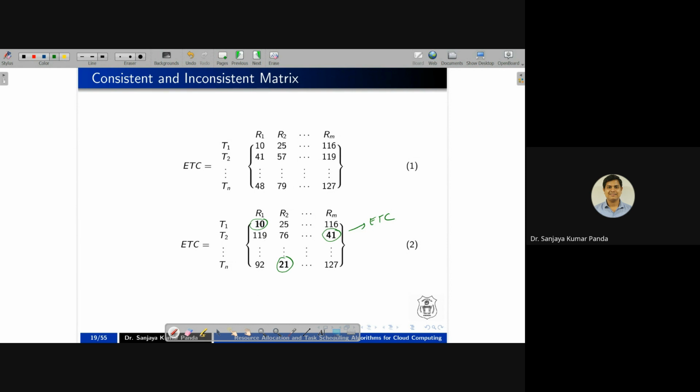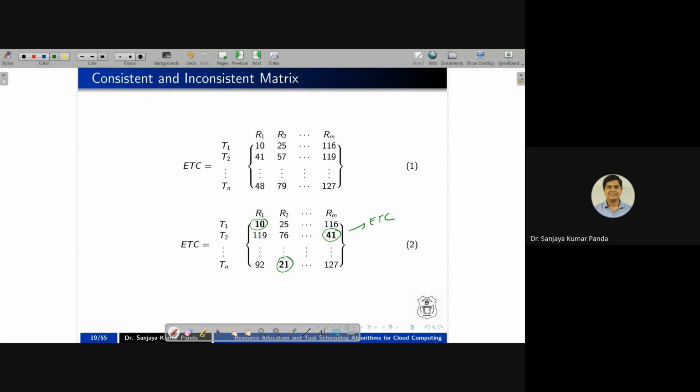So different machines are better for different types of application or task, and you cannot find a particular pattern here. That's why it is called an inconsistent matrix. In an inconsistent matrix, it is difficult to determine which resource is better, whether for T1, T2 or Tn.